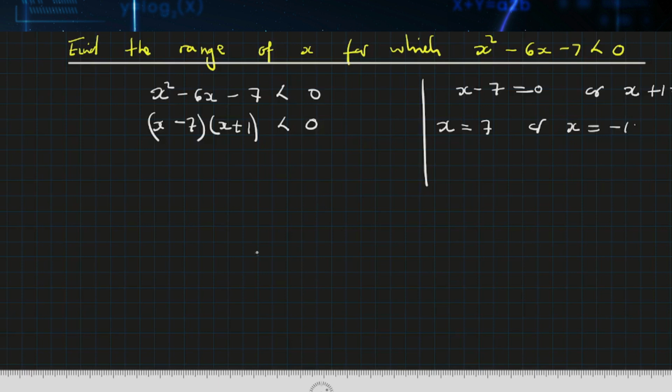So what we're going to do is sketch the graph to determine the inequalities we put in between these two, because the question is not in equation form, it is in inequality form.